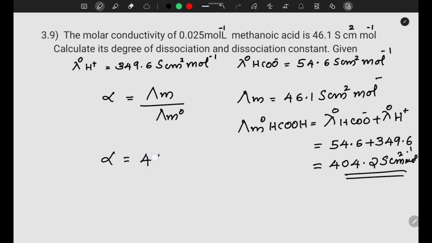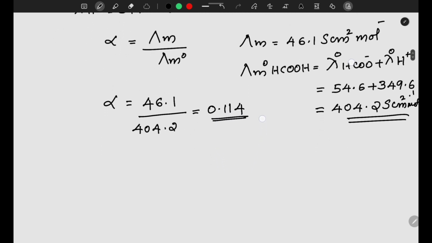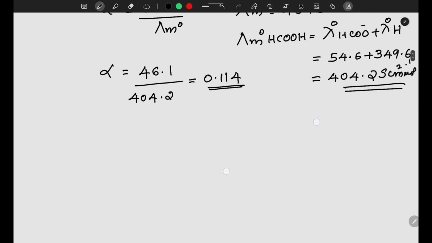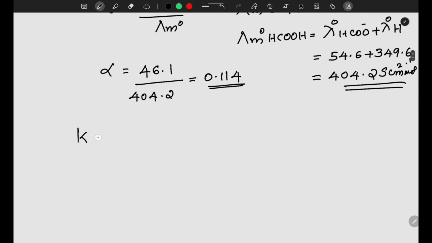So lambda m is 46.1 divided by 404.2. When we simplify, we will get the degree of dissociation as 0.114. Now for calculating dissociation constant, K is equal to C alpha square by 1 minus alpha.